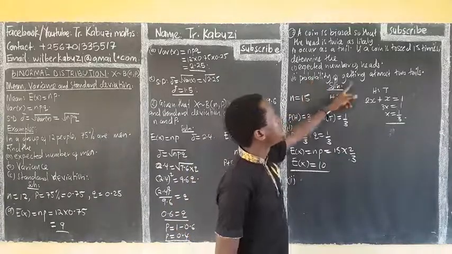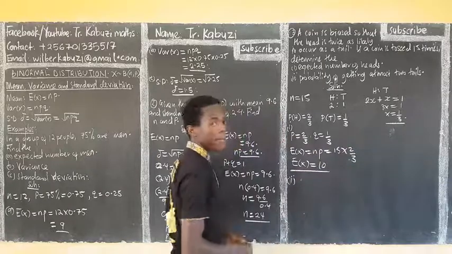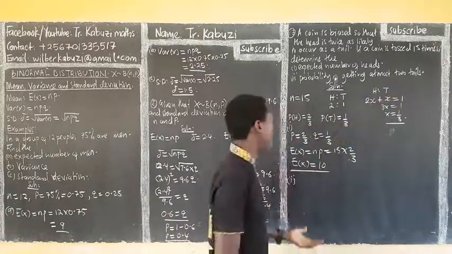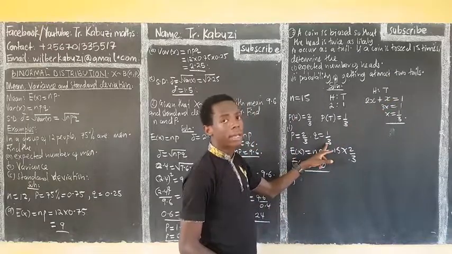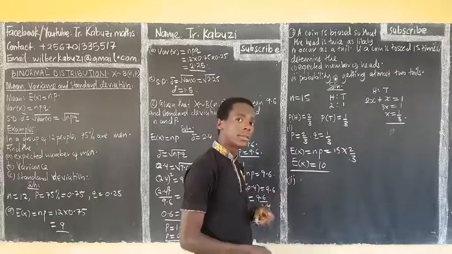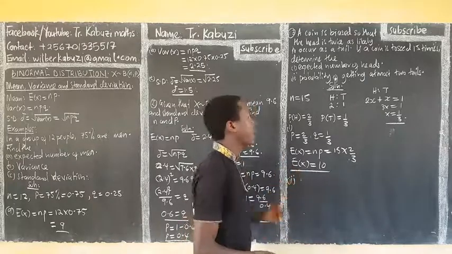Now, number 2, the probability of getting at most 2 tails. Here the probability of success is going to change because we want the number of tails. Now, this one becomes the probability of success, and this one becomes the probability of failure in relation to the tail. So be careful.